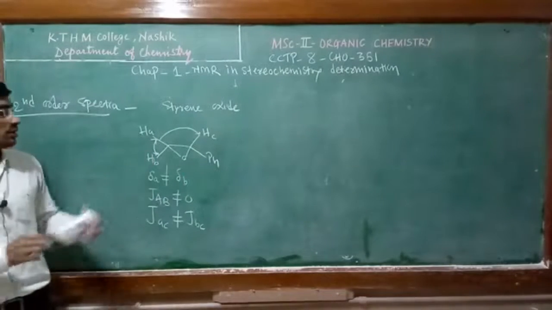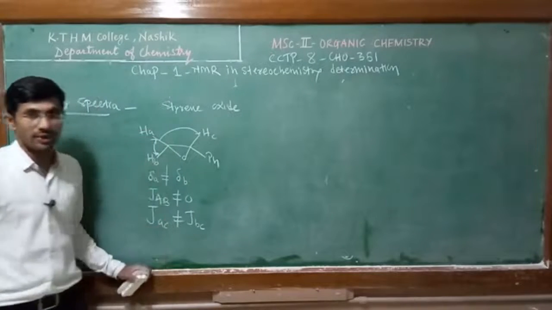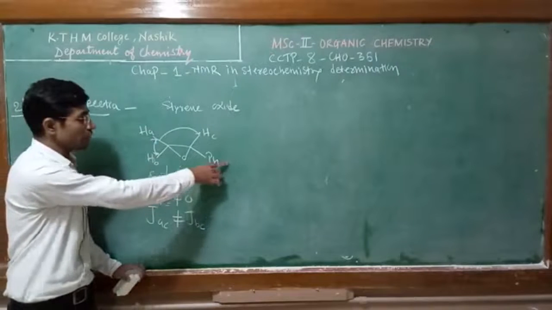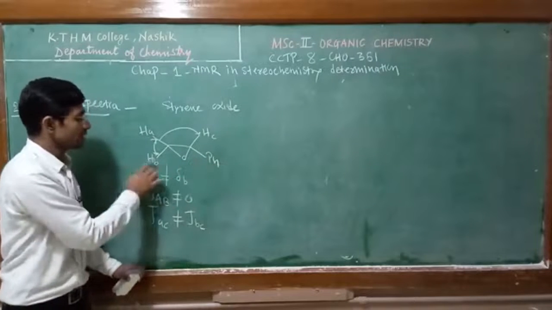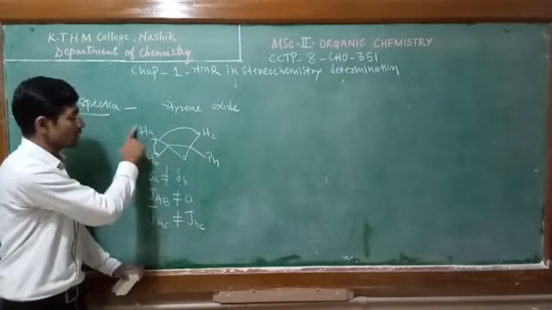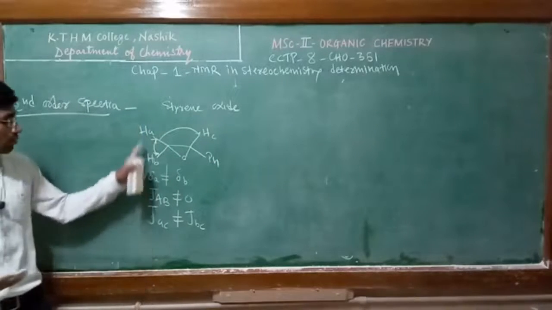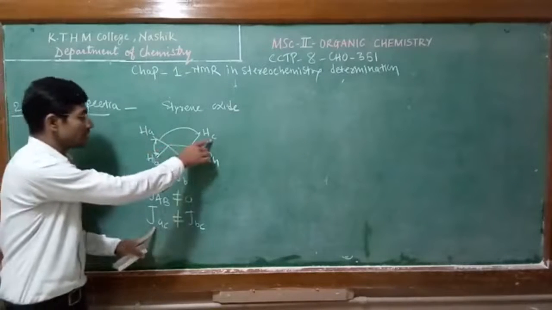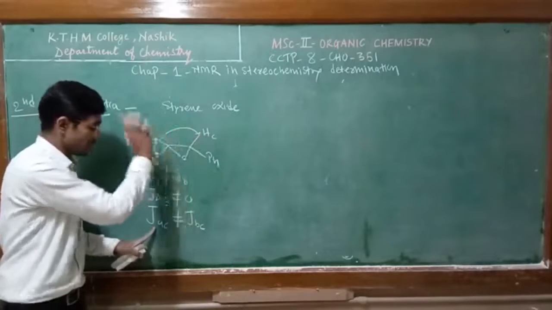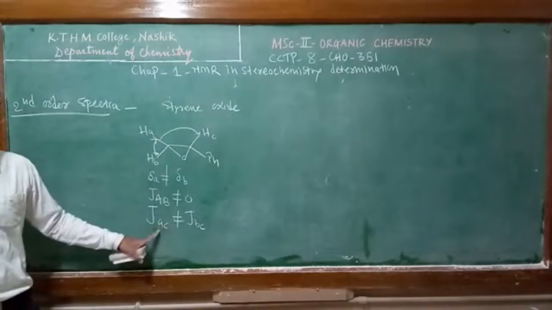So actually these 2 protons are present in different chemical environments. With respect to the phenyl group, on the same side the HB proton is present, and on the opposite side the HA proton is present. So they are present in different chemical environments. Because of that, they couple with the HC proton with different coupling constant values, so they are not equal here.